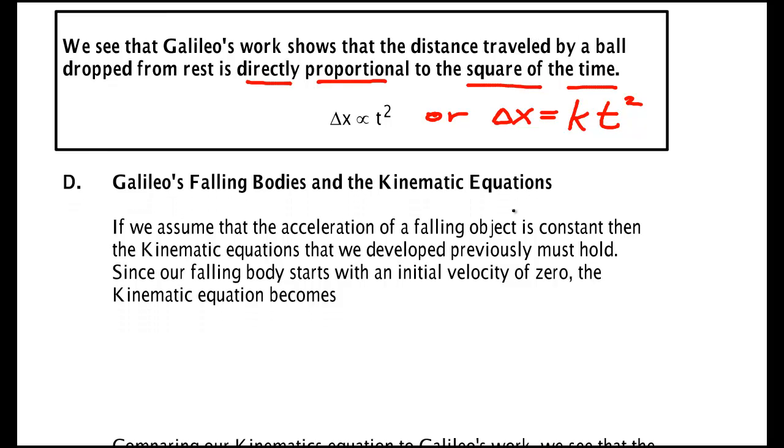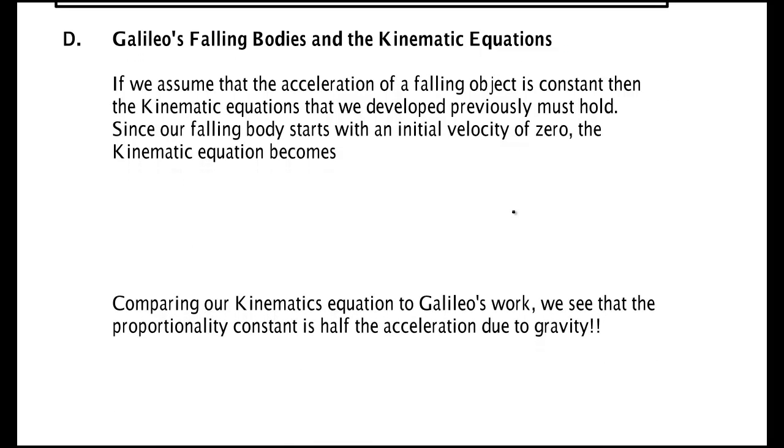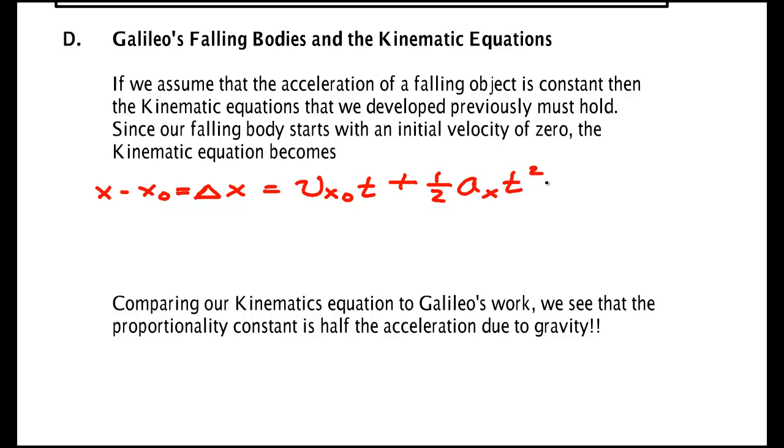Now, let's go back and assume for a minute something Galileo couldn't do. Let's assume that the acceleration is constant. And if that's true, we know about the kinematic equations. And I remind you that we have x minus x naught, which would be delta x, and that would be the initial velocity in x times the time plus 1/2 the acceleration in x times time squared.